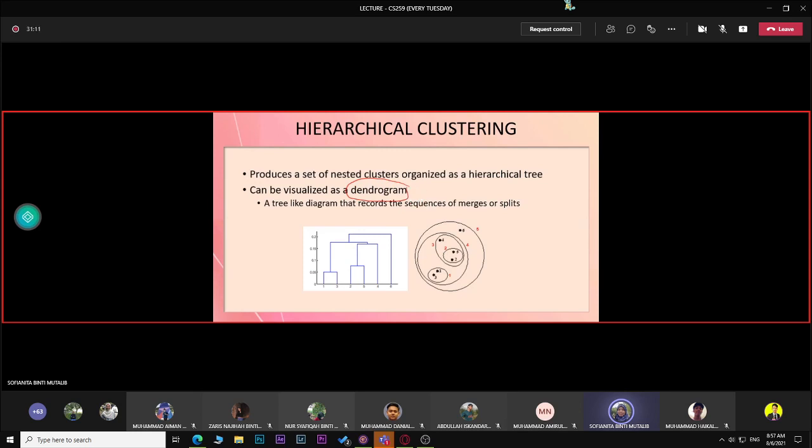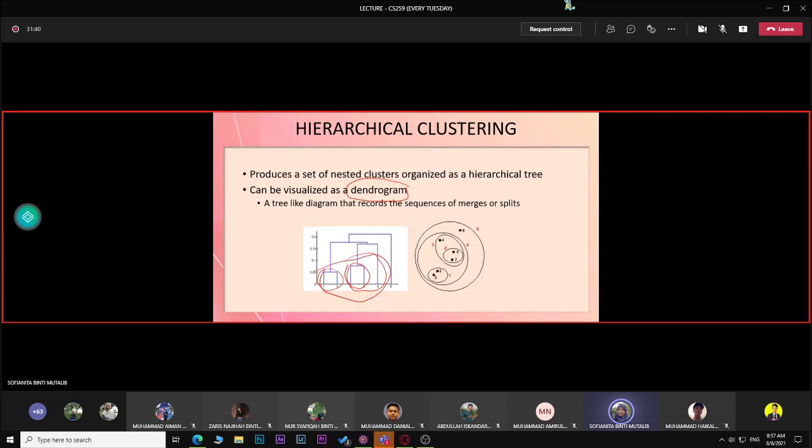Okay, and in terms of putting it into one big cluster at the end, what we could produce will be the dendrogram. That's why it's called hierarchical, because we can see that this will be the most similar clusters, objects in the clusters, and then this will be the second most similar. Then this will be the third most similar objects, and then finally we would have these objects combined together.